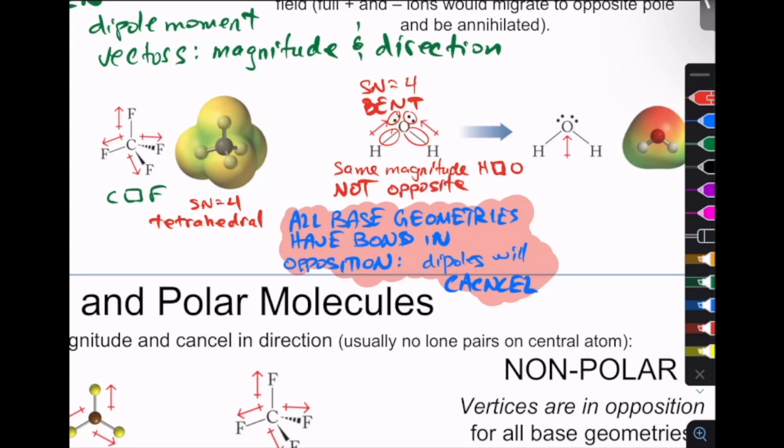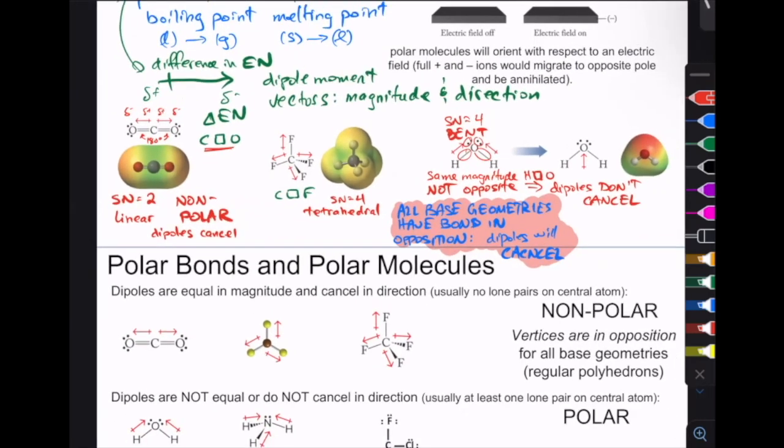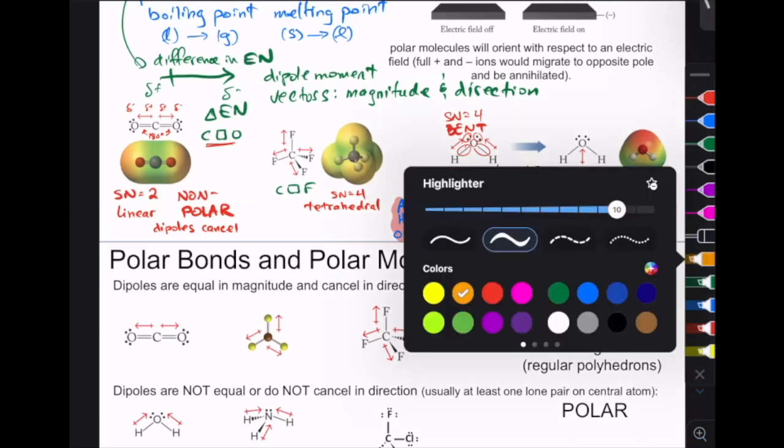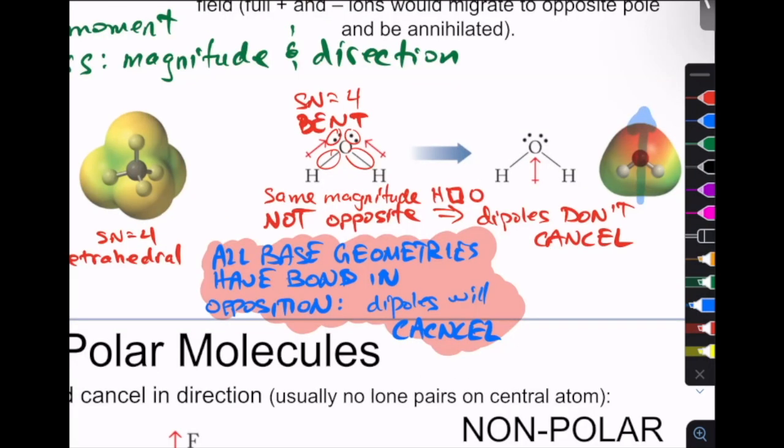So the dipoles don't cancel out. And so what you end up with is overall across the entire molecule, you have a dipole moment. Let's do it with my highlighter here. There's an overall dipole moment here. It's what we call a permanent dipole.